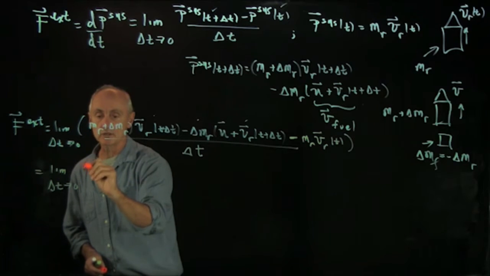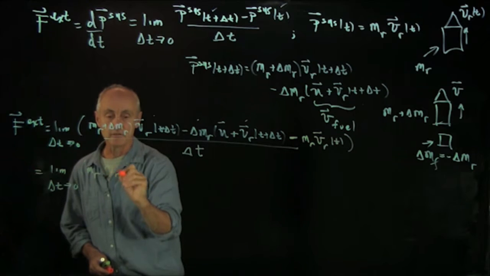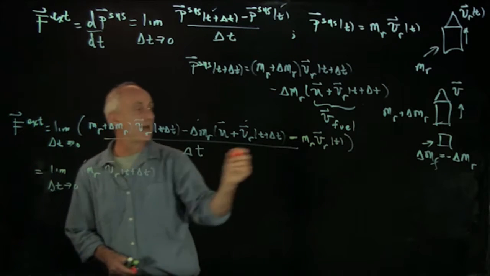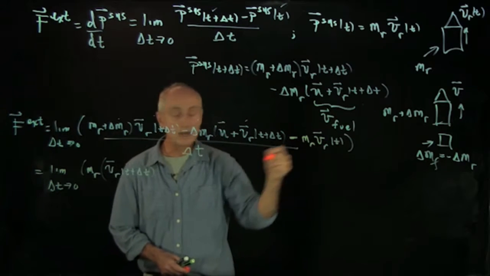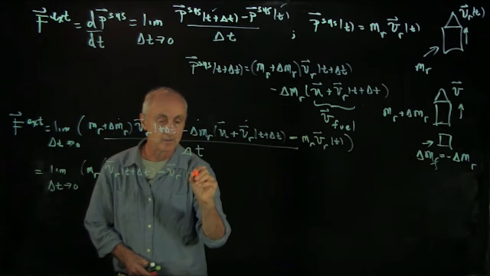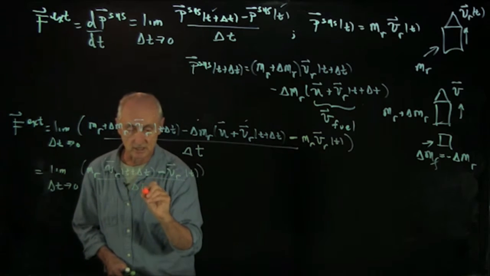And I'm going to combine terms in the following way: mr times v of r of t plus delta t minus v of r of t, divided by delta t.